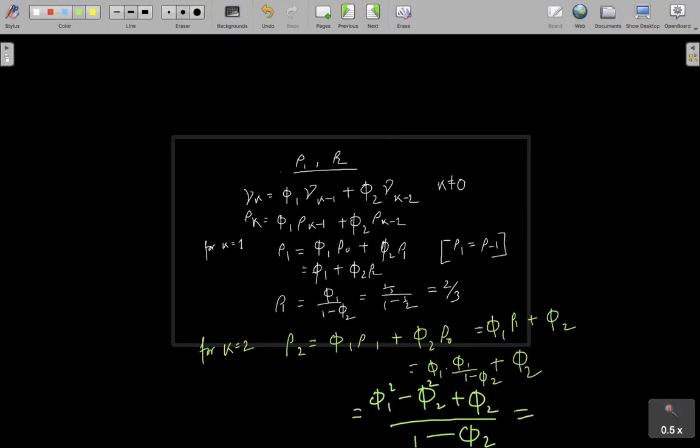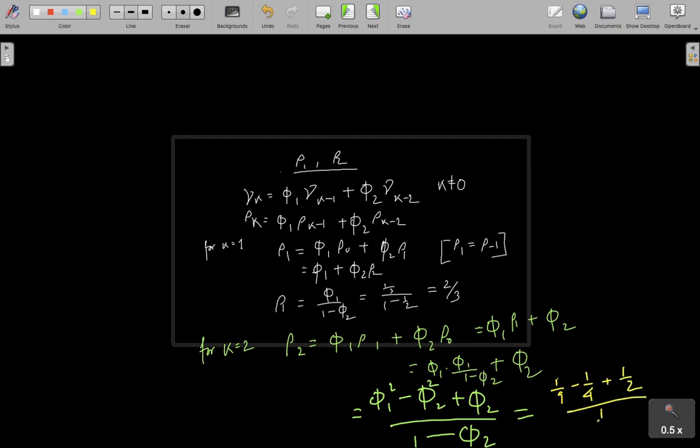Phi 1 squared means how much? Phi 1 was 1/3, so phi 1 squared is 1 by 9. Phi 2 is half. And phi 2 is half.